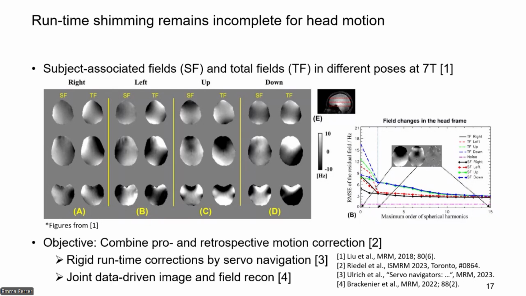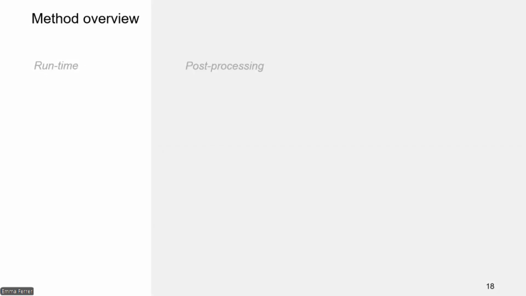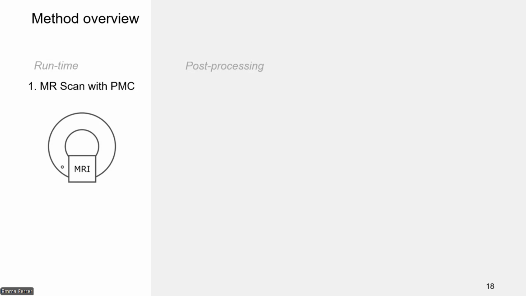So in this method, the objective is to combine prospective and retrospective motion correction. We use this servo navigation method for rigid correction, but also do a reconstruction method to further get these fields with higher spatial complexity. In the method overview, we have a runtime part and a post-processing part. On the runtime part, we have the MR scan with prospective motion correction.